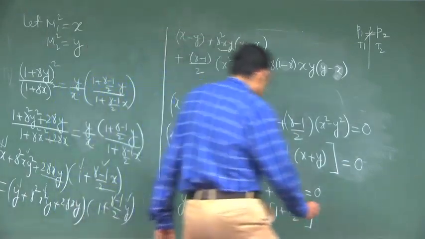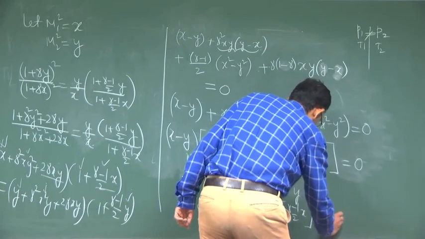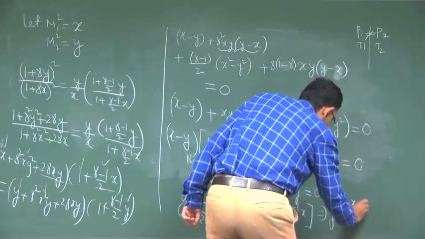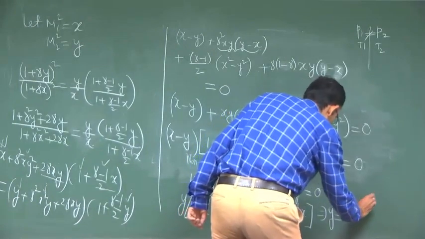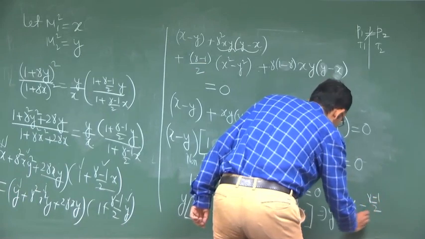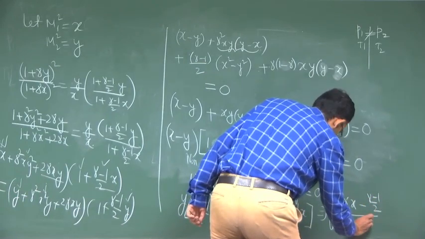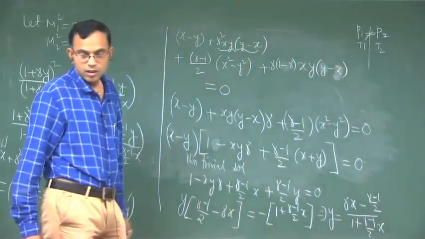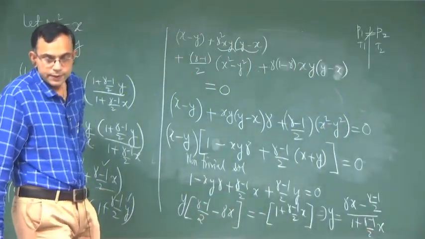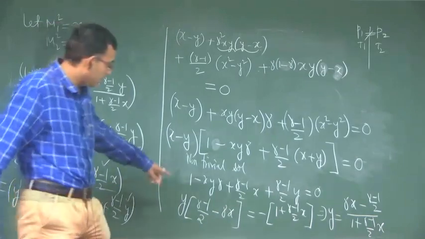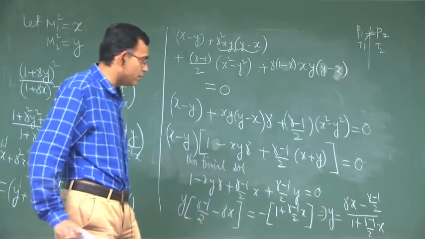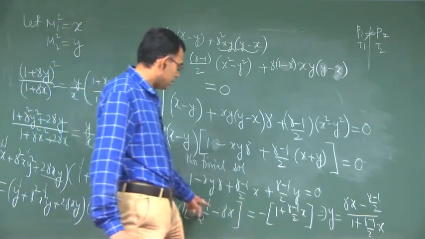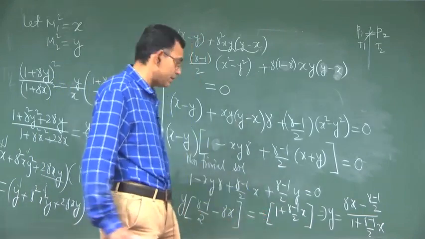So, y is equal to gamma x minus gamma minus 1 by 2 by 1 plus gamma minus 1 by 2 x, right. This will come in the denominator and that will be in the numerator, right. This minus thing will come in the denominator, right.